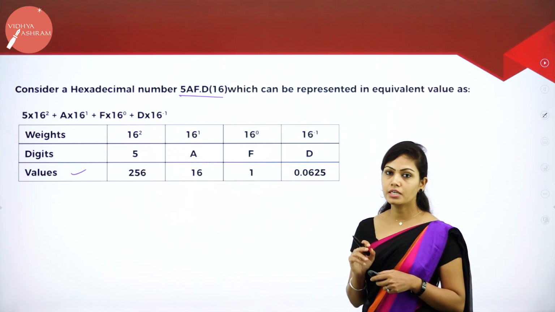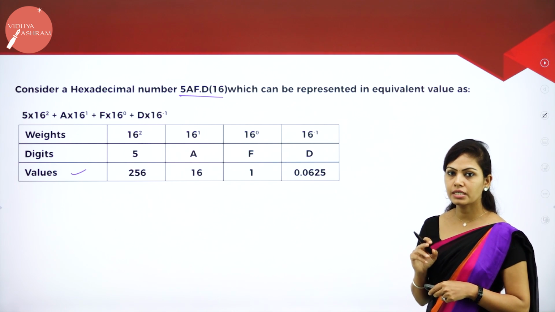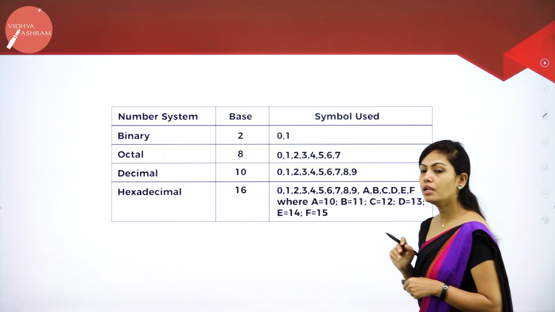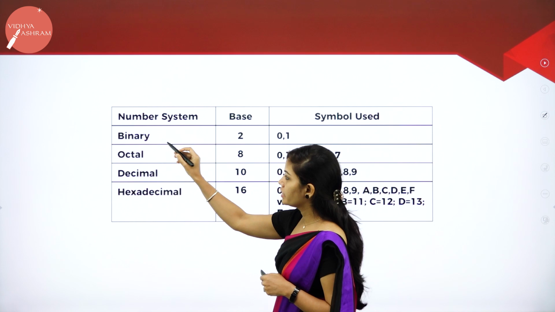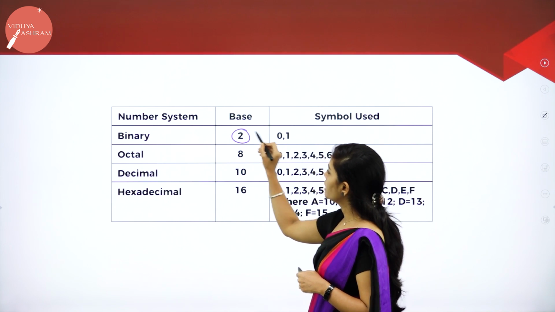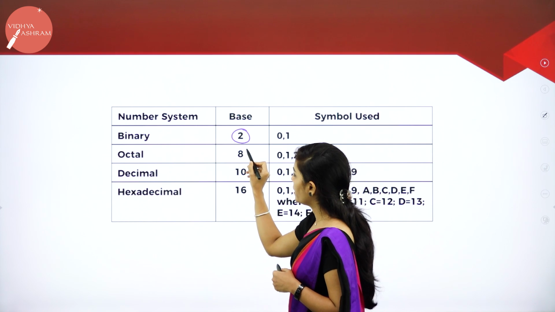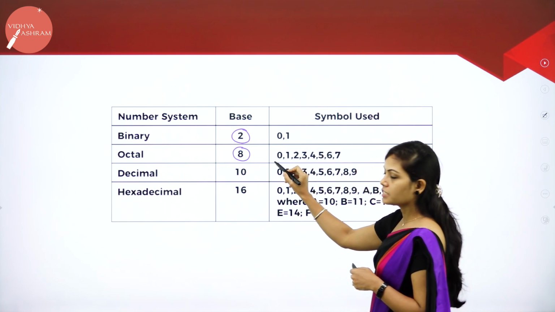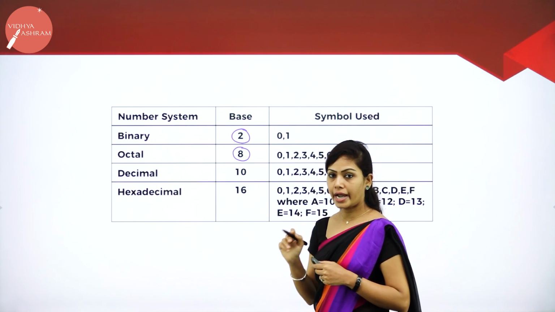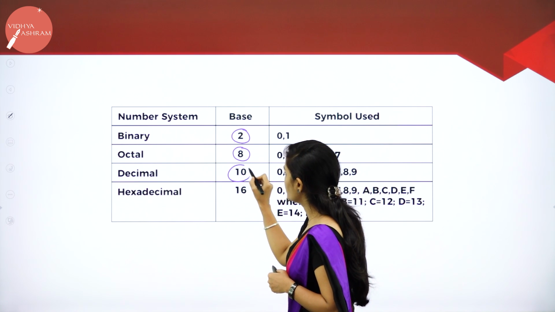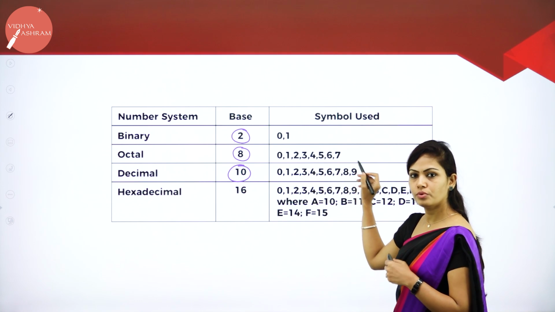So today we learnt the hexadecimal, octal, binary and decimal number systems. Binary is base 2, with digits 0 and 1. Octal means base 8, with digits from 0 to 7. Decimal means base value 10, with digits 0 to 9.